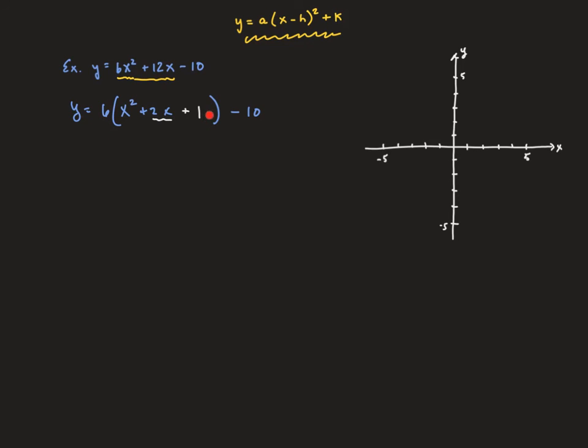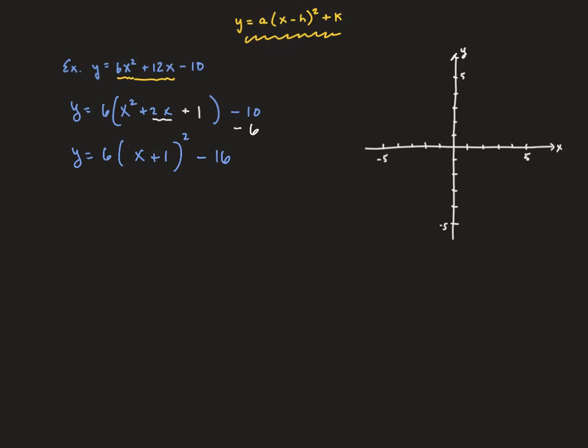So I'm not just subtracting 1, I have to subtract 6, because negative 1 times 6 is going to give me that. So when I rewrite this now, I have y is going to be equal to 6 times, now I can complete the square, x plus 1 squared, minus 16.